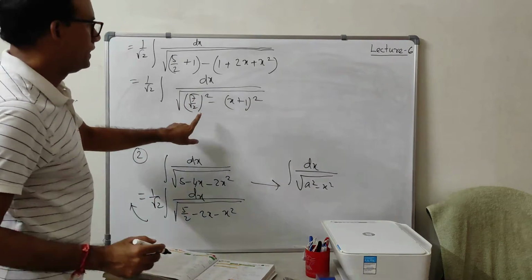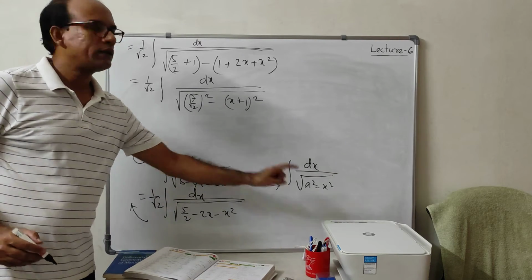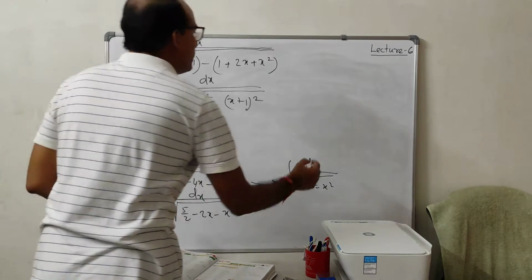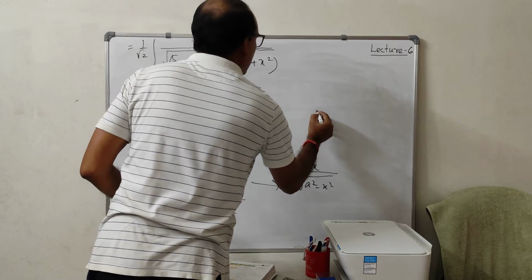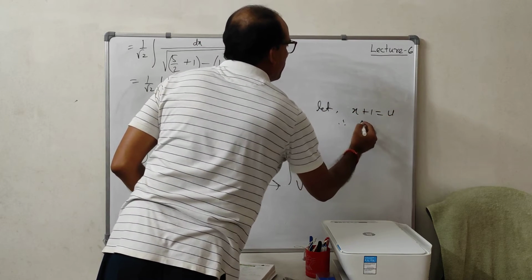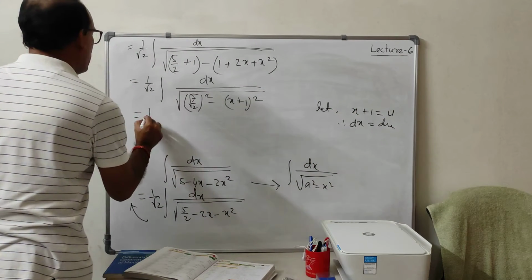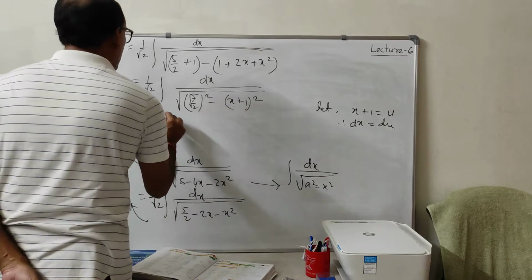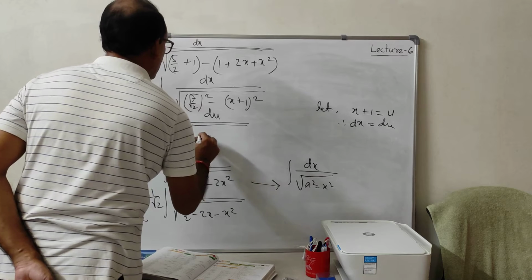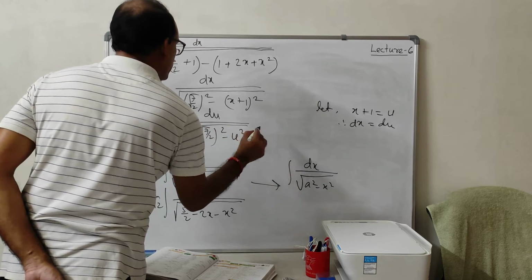Now, this is in the standard form, is it not? You just have to take a suitable substitution. Now let x plus 1 be u, then dx will be du, and this will be 1 by root 2 integration du over root over of root 7 by 2 whole square minus u square.